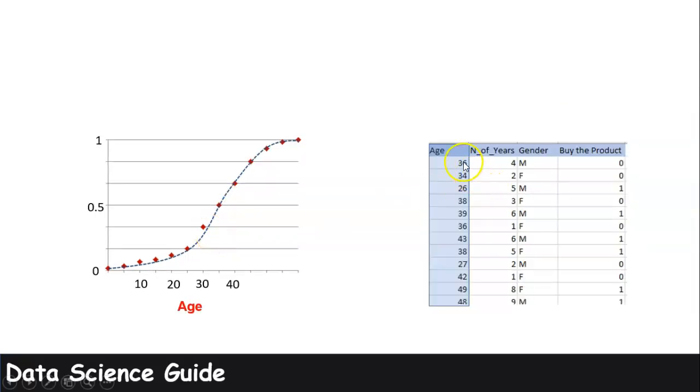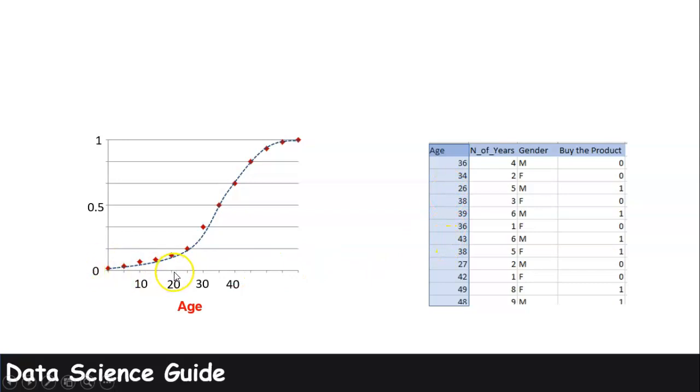Let's take age as an example here, because we cannot use more than one input or independent variable on this graph, the y and x axis graph. We can only show one independent variable, or one input, and I will choose age.